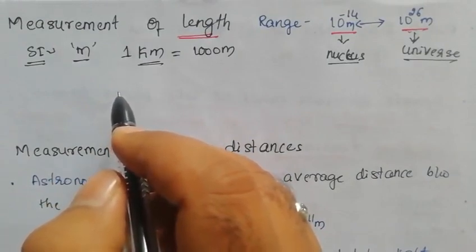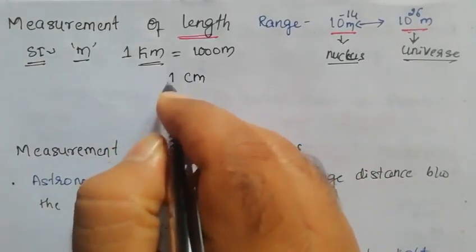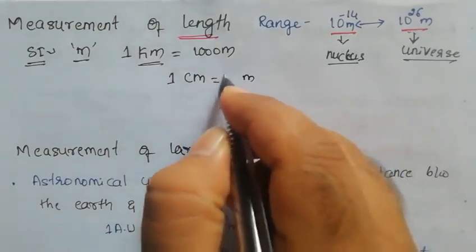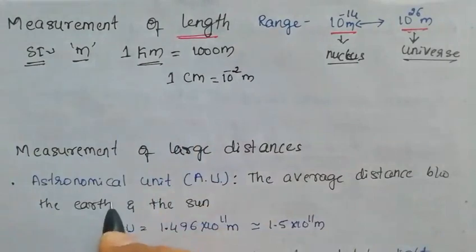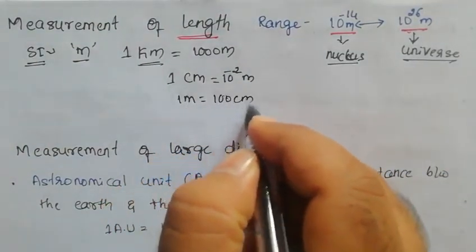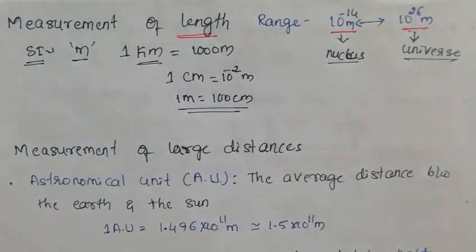If you are using a normal scale, we use centimeter. 1 centimeter equals 10 power minus 2 meter, or we can say 1 meter equals 100 centimeter. This is the conversion factor we use in measurement of length.